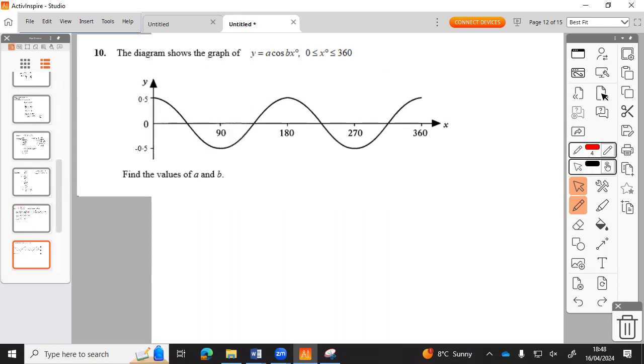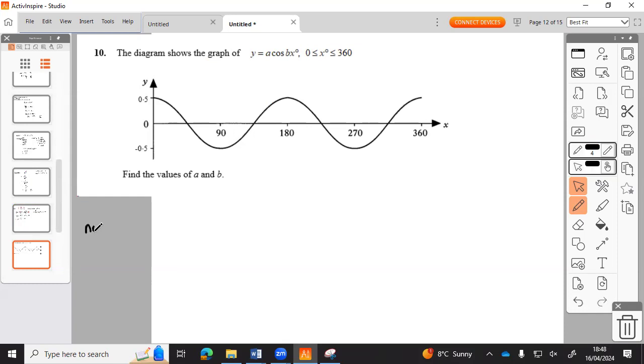Check graphs. One thing you could do here is draw out a normal cos x graph. You know it's cos x, it's given to you there. You're filling in the gaps in regards to its amplitude and its period, so how big it goes, or small in this case, and how many times it fits into the 360 degrees.